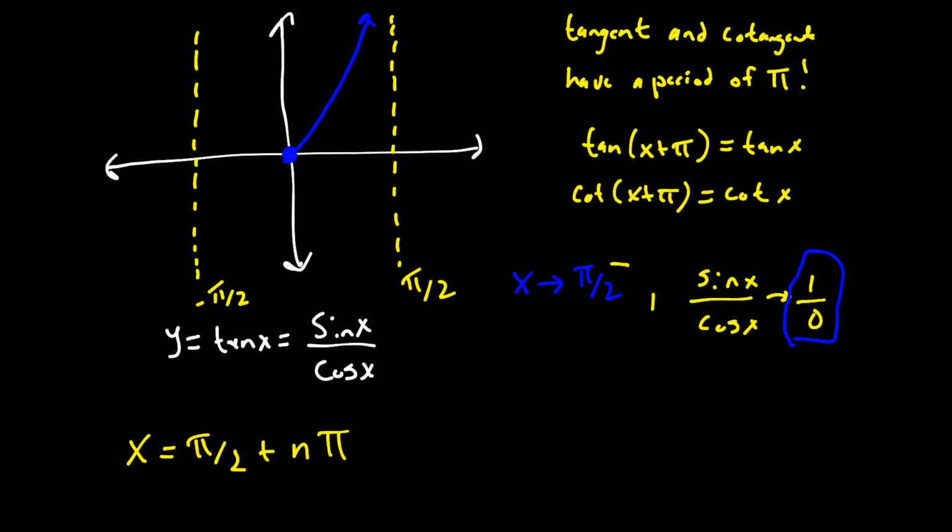Now, if we look at x approaching negative pi divided by 2 from the right-hand side of tan x, then what we do know is sine x over cosine x is approaching negative 1 divided by 0. Now our sine x values as we get close to negative 1 from the right-hand side are negative, and our cosine x values are approaching 0, but all these are going to be positive numbers.